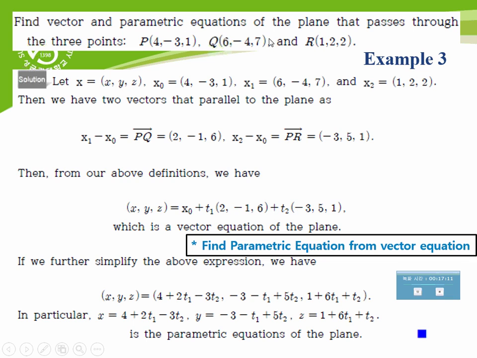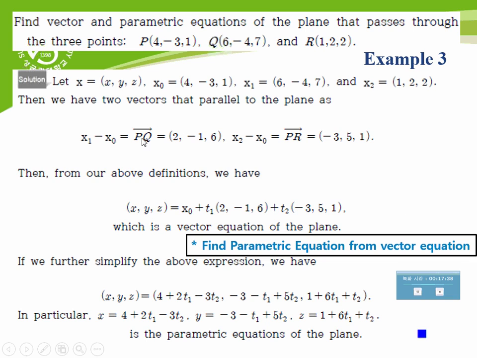Here's an example. Suppose we have three points, then find the vector and parametric equation of the plane that passes through these three points. How are you going to find it? Just find two vectors, PQ and PR. Then you have two vectors. The linear combination of those two vectors forms a whole plane.